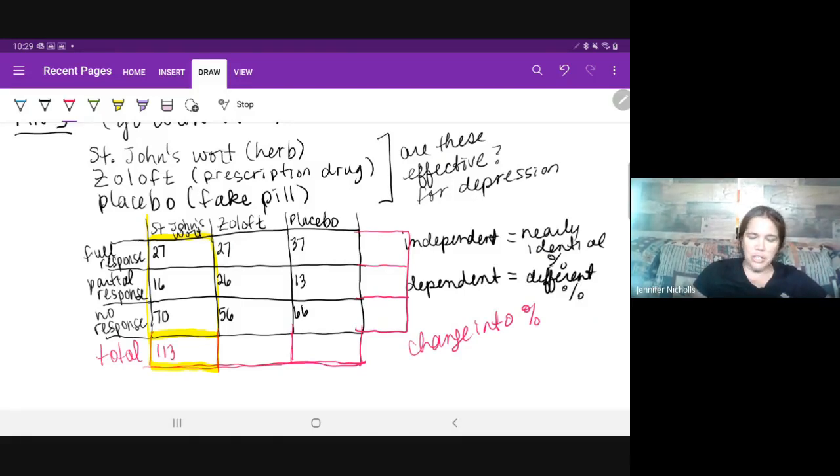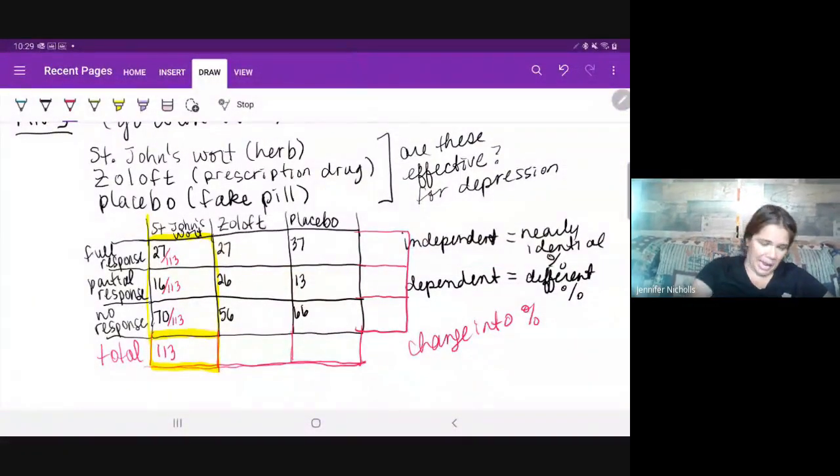So then how do I change these into percents? Yes. And then what she was doing is she was writing it in the table. That's why I said leave space. I was like, oh, that's awesome. I was going to make a whole brand new table and I had to relabel it.